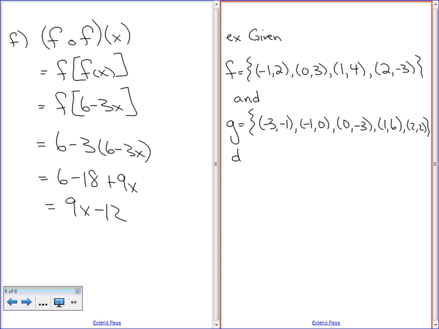I'd like to determine the following. So how do I figure out what g at 1 is, just given that information?